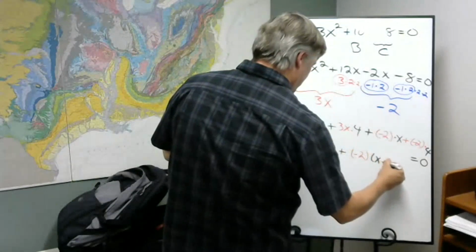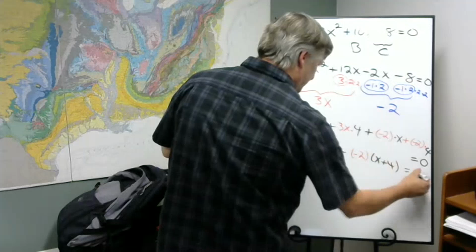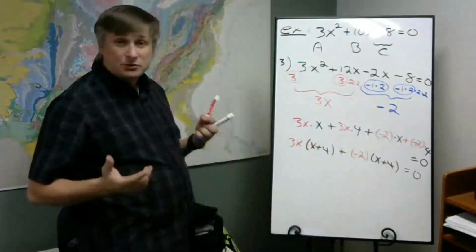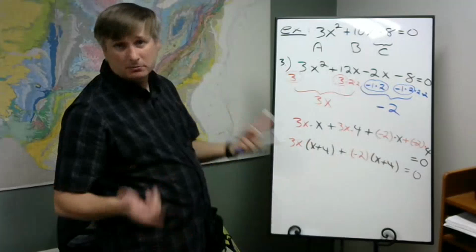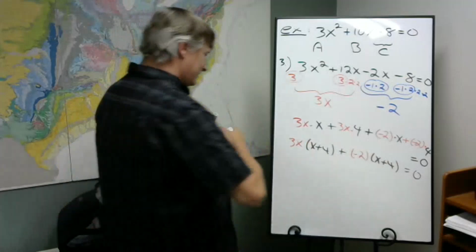x plus 4 equals 0. We extract the x plus 4 because it's common to both of those terms, or common to both groups.